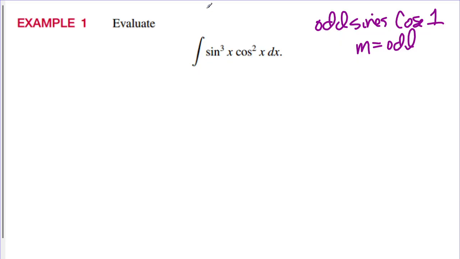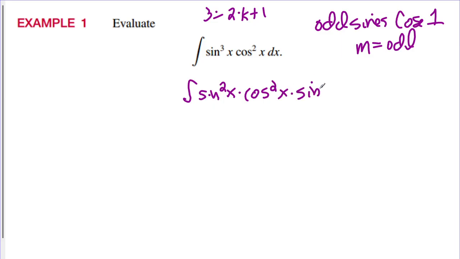Here the 3 we're going to turn into 2 times k plus 1. So we're going to split this up into sine squared of x times cosine squared of x times sine of x dx. Now we're going to use our trig identity for sine squared.